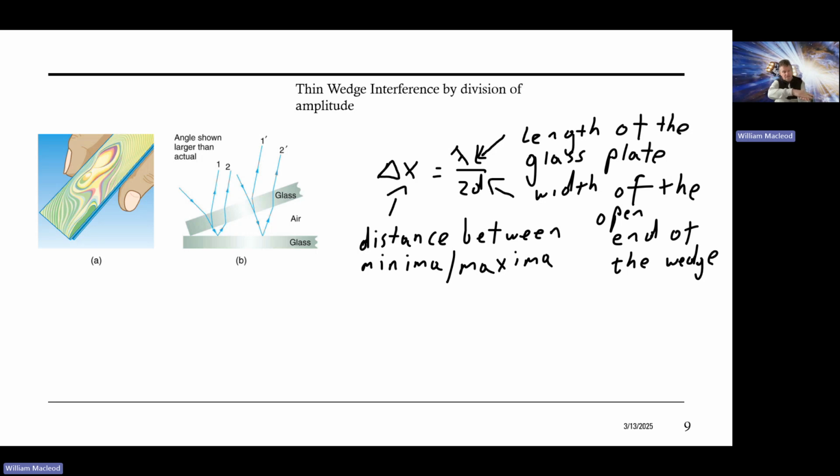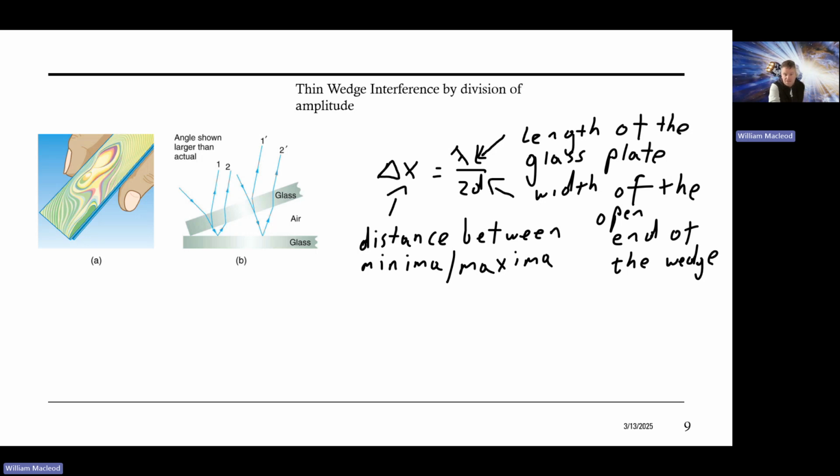That slight wedge then creates phase differences from the light which goes into the glass and reflects off the glass, as demonstrated in the diagram on the left-hand side. So this is able to create an observable interference pattern.